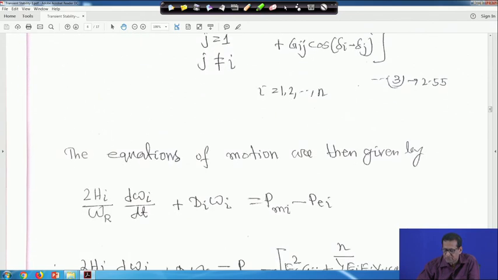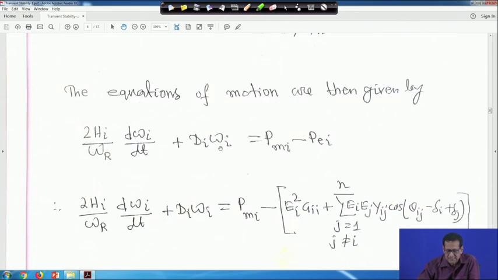Now the equations of motion are given by the swing equations we have seen before for synchronous machine analysis. So we can write 2 H i upon omega r, where omega r is the reference speed, into d omega i by dt plus D i, the damping coefficient, times omega i, equal to P mi minus P i, for the ith machine.